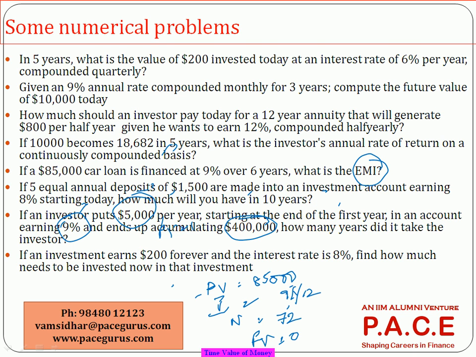If the investment is earning 200 forever per year and the interest rate is 8% per year, how much needs to be invested today? 200 by 8%. 1000, 1250.